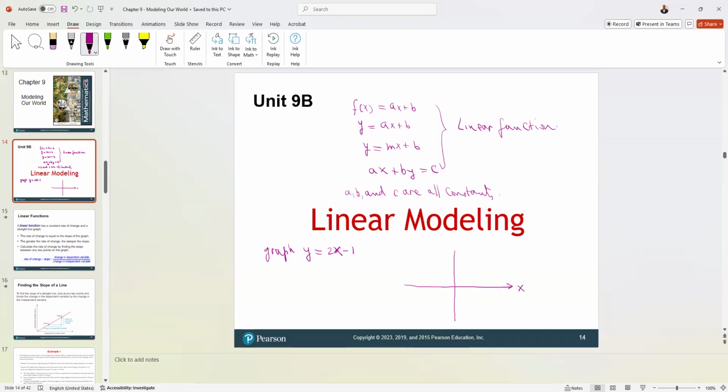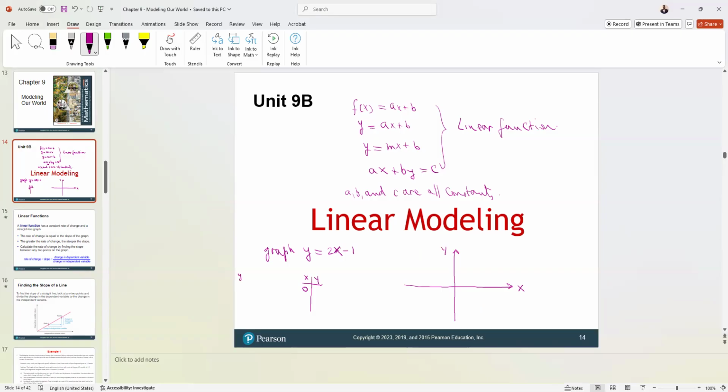Remember, the horizontal axis is X, the vertical axis is Y. All you need to do is find some points using coordinates of X and Y. You can take any value. Let's say X is 0.